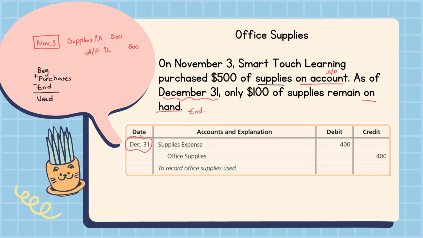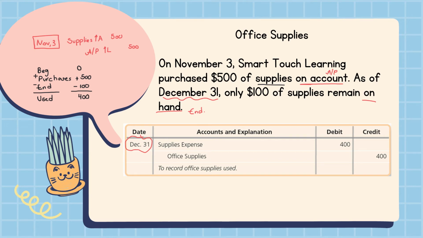So he mentioned nothing about the beginning, so we're gonna assume that it's 0. Purchases are 500 and ending is 100, which is the on hand. So 0 plus 500 less 100 is gonna be 400. So this is the used amount. Since it's used, it's gonna be an expense.